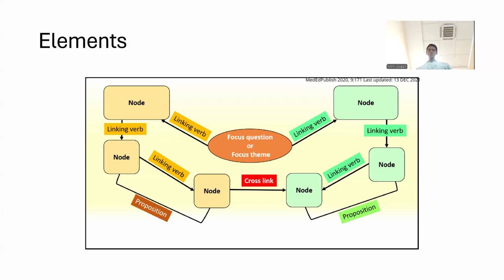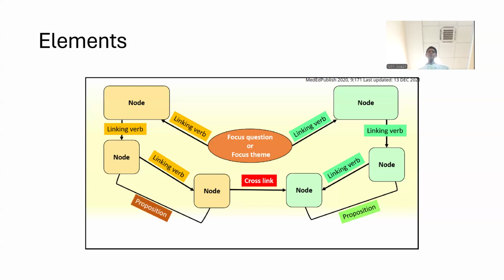In the middle, the node is labeled with the focus question, and each of the nodes is connected to one another by links, and the labels of these links are known as the linking verb.